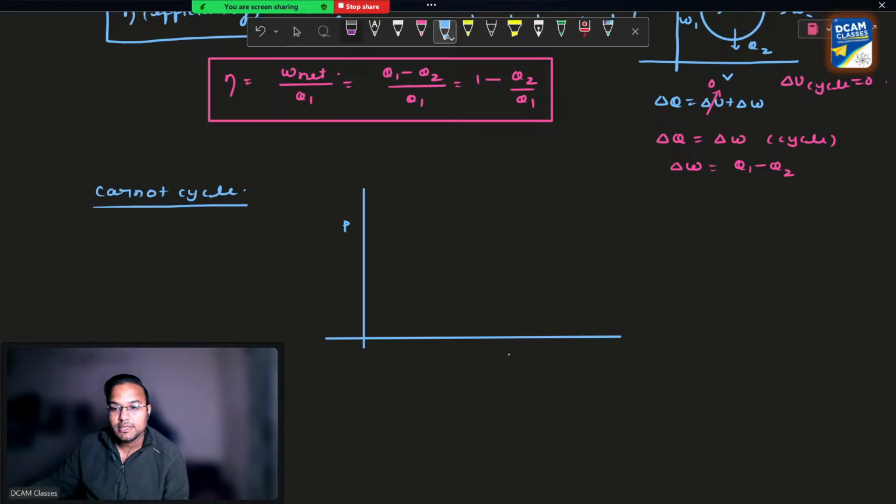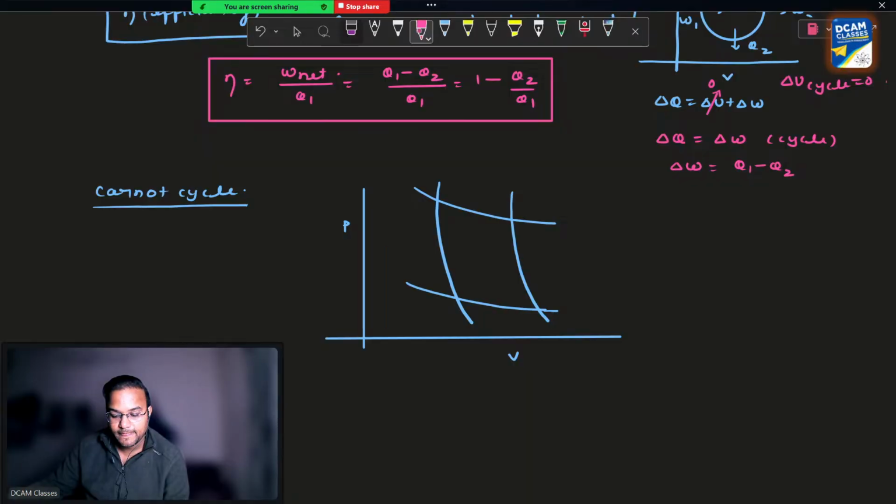This is P, this is V. The process moves from 1 to 2, then to 3, then from 3 to 4, then from 4 again to 1. That's the cycle.